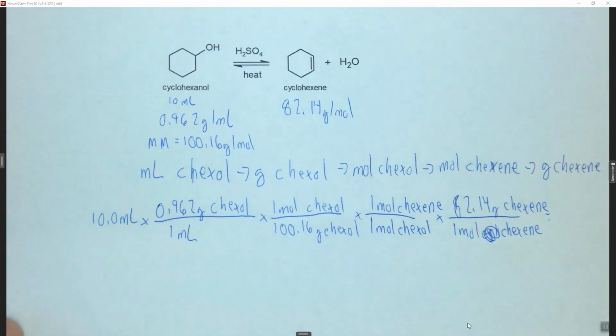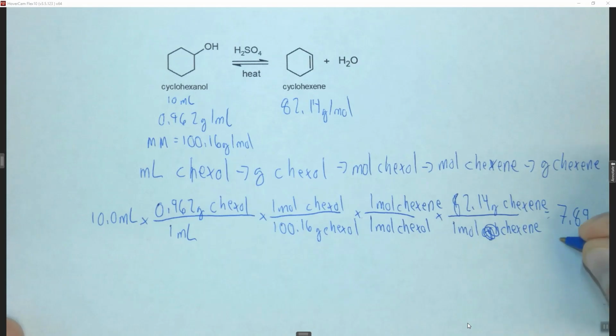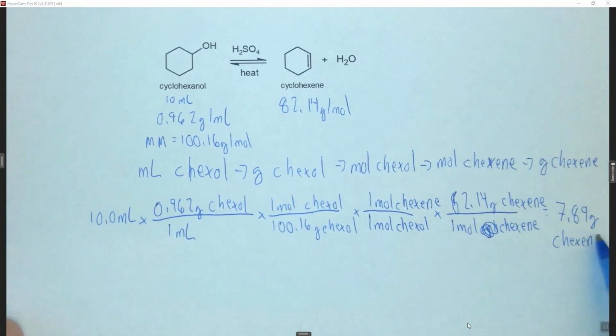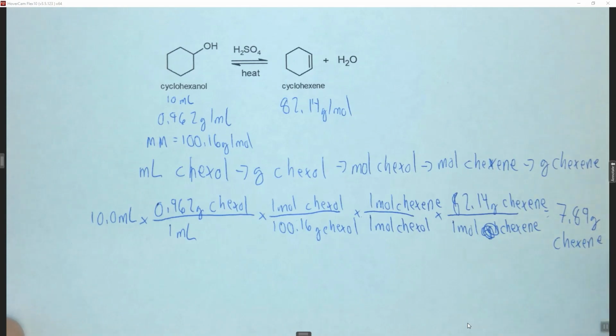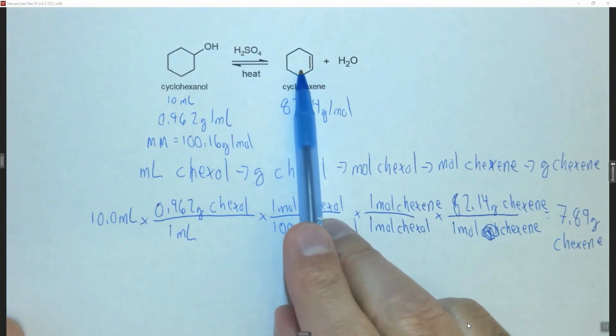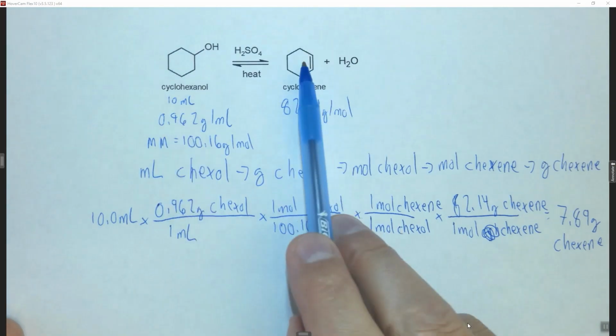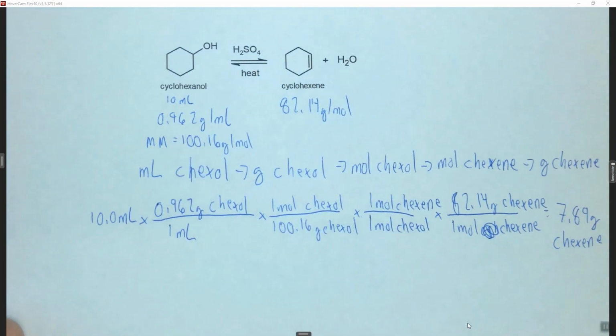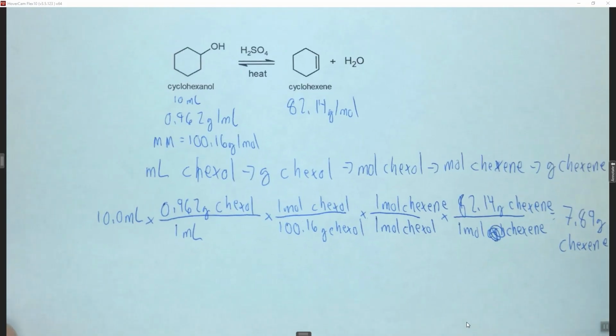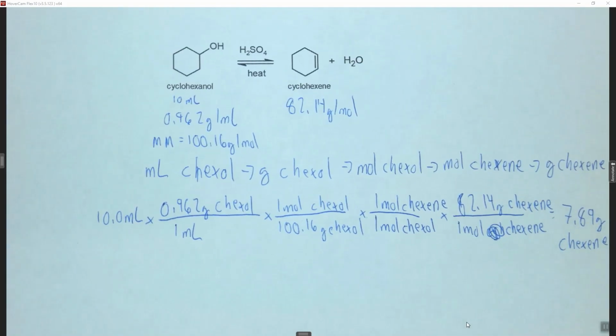When you do all that math, you get 7.89 grams of the cyclohexene as the theoretical yield of your product. Note that because this is significantly less dense, with a density of around 0.82 as opposed to 0.96, the volume turns out to be around 10 milliliters as well. So this is how we calculate the theoretical yield, which you need for your lab report.